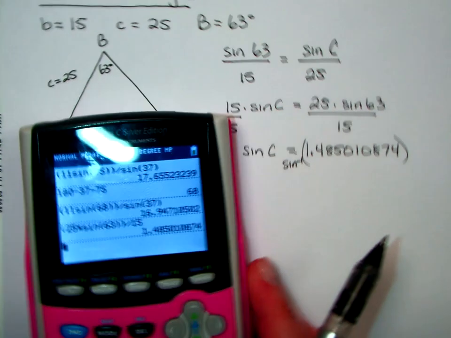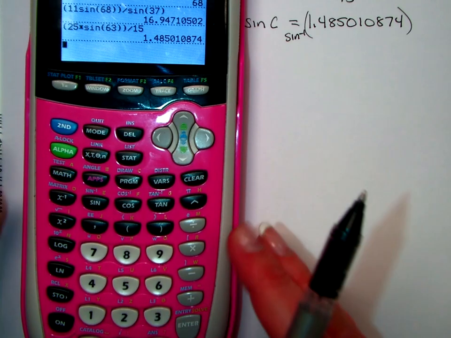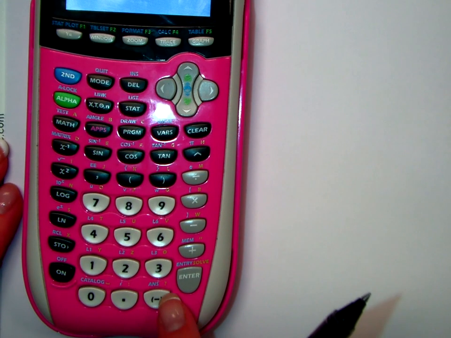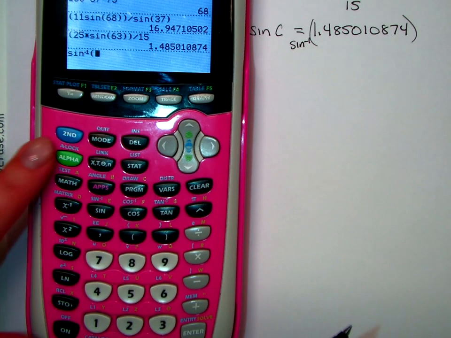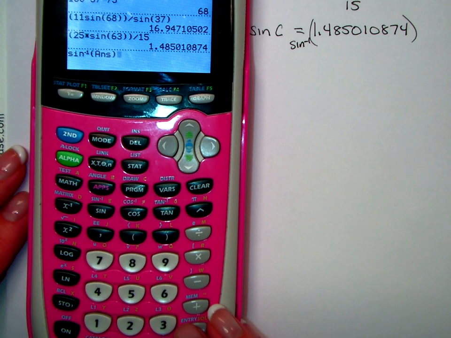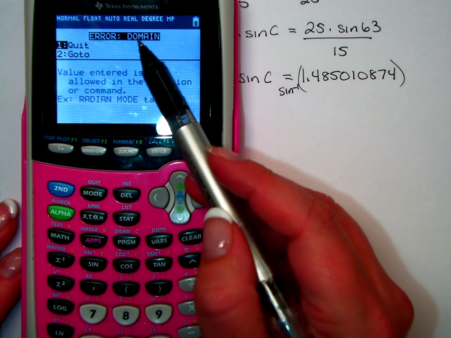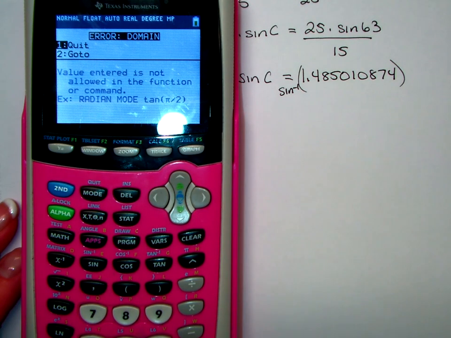So if I were to sine inverse this answer, I'm going to show you how to do that. Just do sine inverse, and then answer. Answer is here above the minus sign in blue. So if you do second negative, it's going to stick the answer in there so you don't have to type all those decimals again. And so it's going to give you a domain error, right? And that's because 1.4 is outside of the domain of sine inverse.